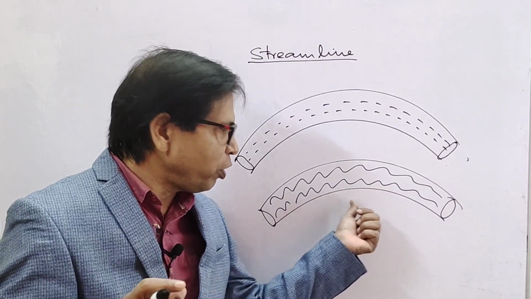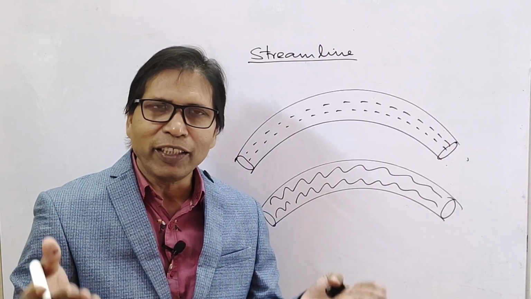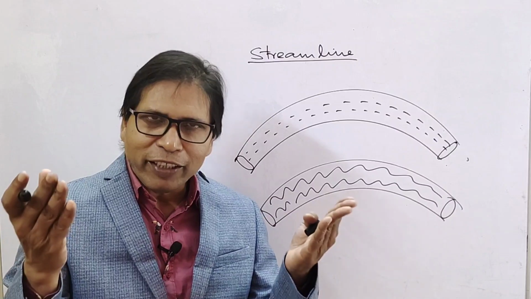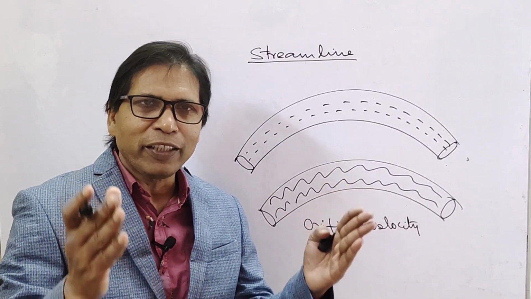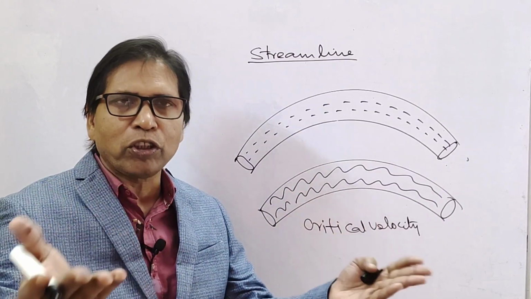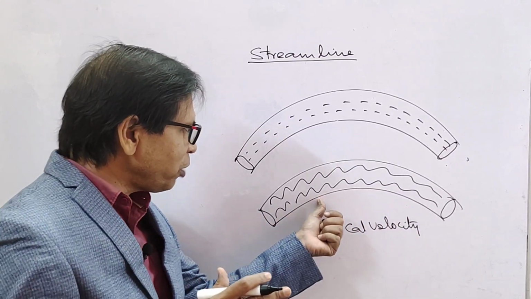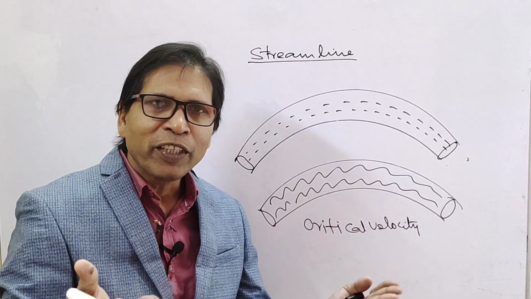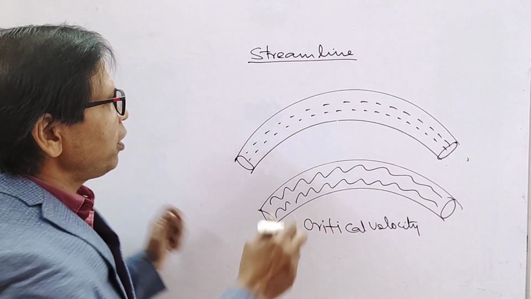When the velocity of fluid is greater than a certain velocity, then the motion is turbulent. Now critical velocity. The fluid remains streamlined up to a certain value of velocity. Greater than this, the motion becomes turbulent. This limiting velocity is called critical velocity.